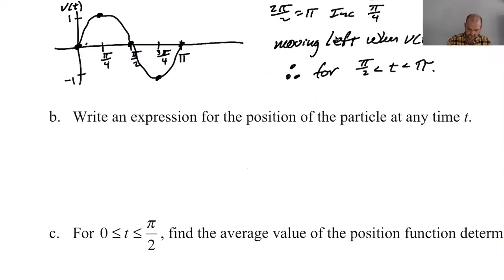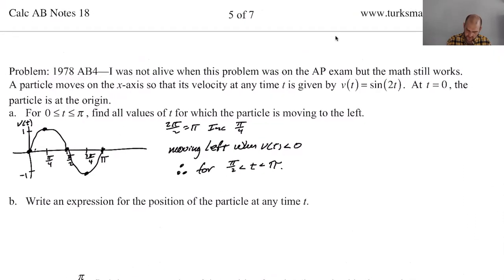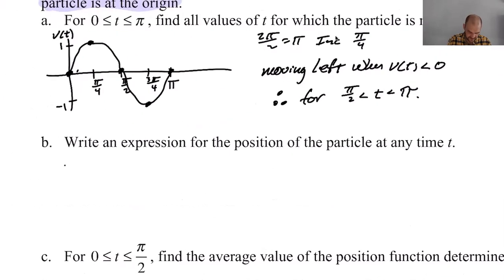Position. All right, so if you remember, we were told this thing: at t equals 0, the particle is at the origin. So that tells me the position at 0 is 0. So x of 0 is 0. That's going to help us solve for c. So I'm going to do the integral of v of t dt, which should give me x of t.